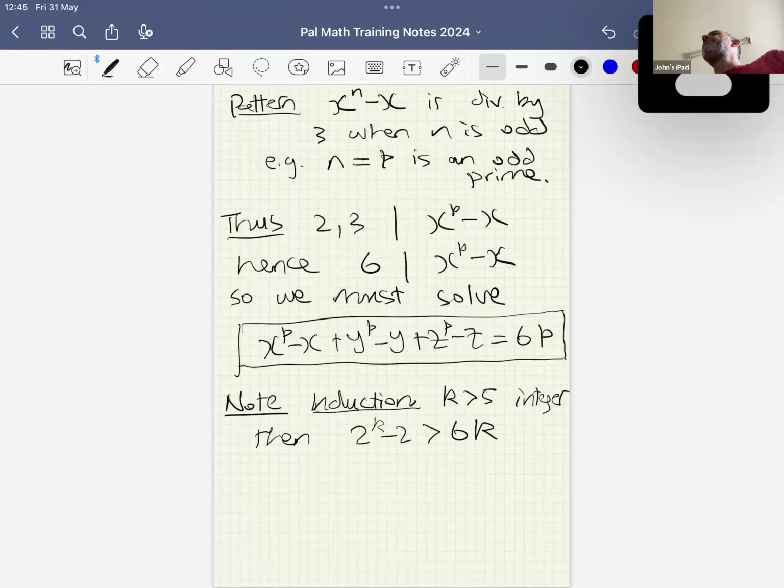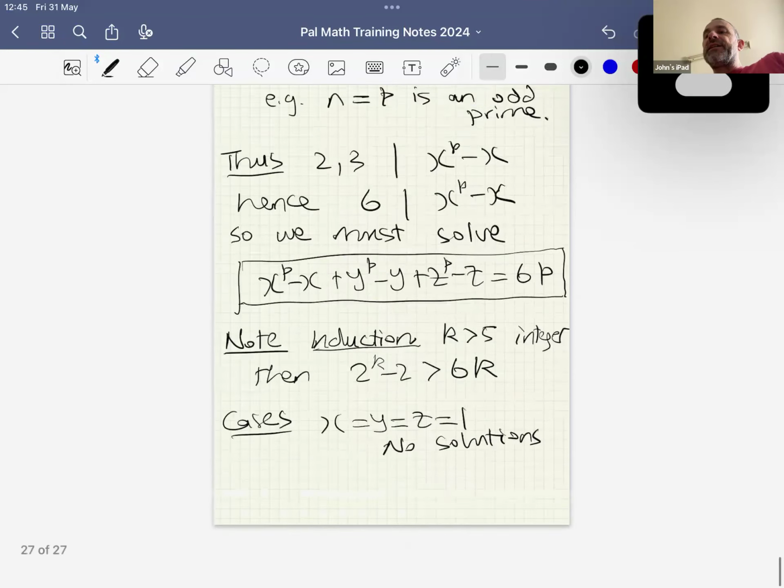And then you've got 2 cases. If x equals y equals z equals 1, then you get no solutions. You check that.